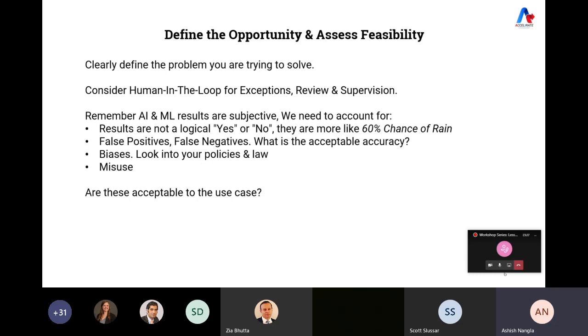There's an error rate that has to be built in when you make a typical decision. It's just a yes or no. But in some cases, in AI and machine learning, you would have false identifications of data, of records, or things. So you have to understand what is the acceptable accuracy for your use case.